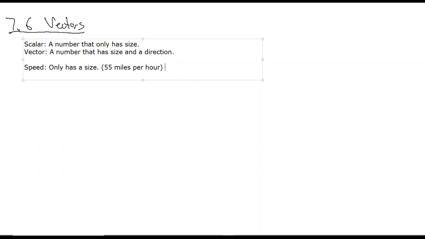So you can't tell what direction you're going when you say a speed, but a velocity, this is a pretty early on physics term. This has a size and direction. So this would be me saying 55 miles per hour, let's say just due east.